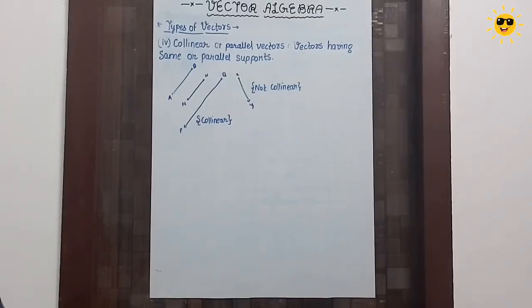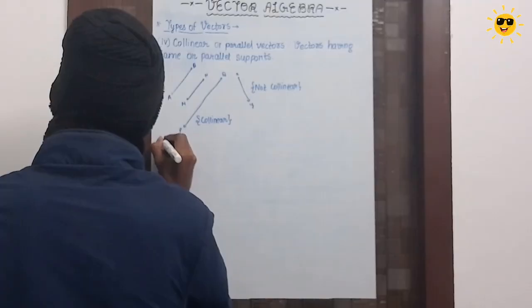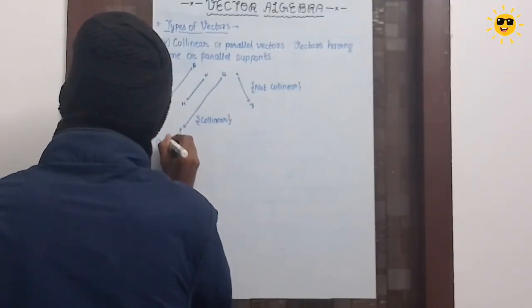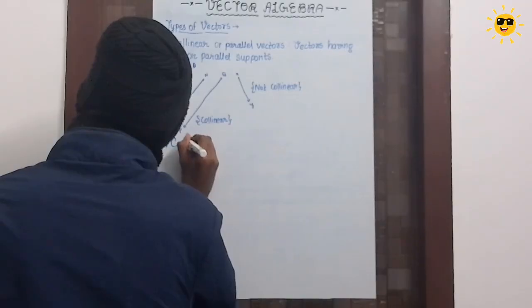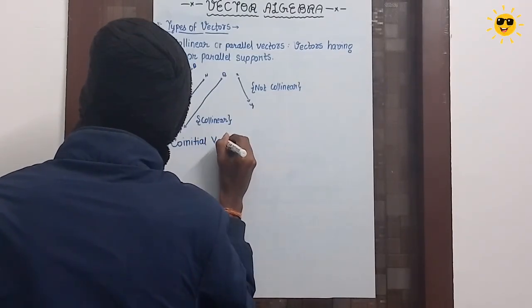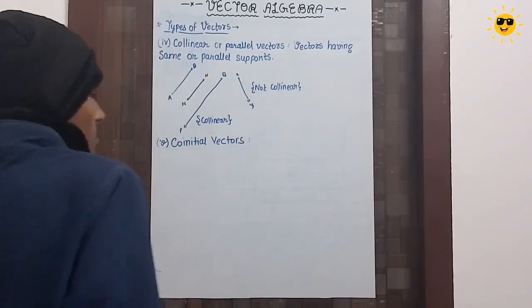The fifth type of vector is the co-initial vector. Simple, as you can listen. Co-initial vectors: vectors having same initial point are called co-initial vectors. Very easy.